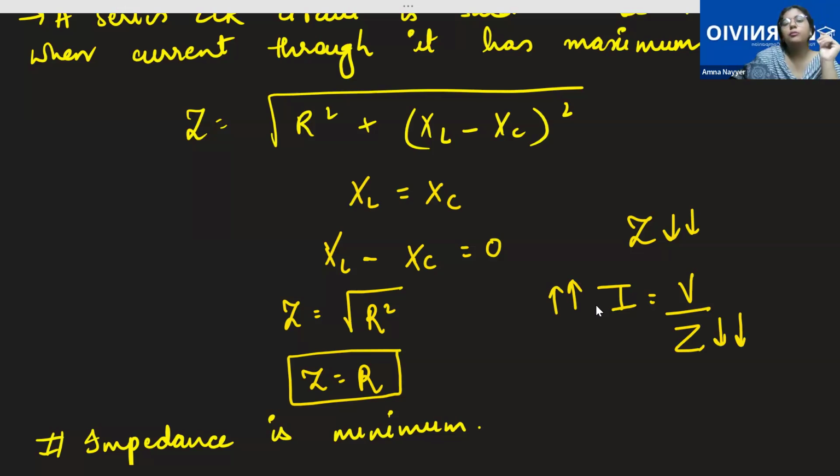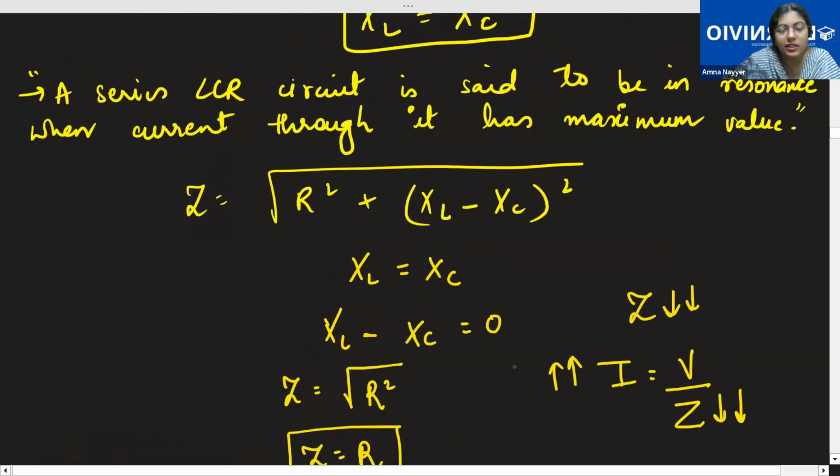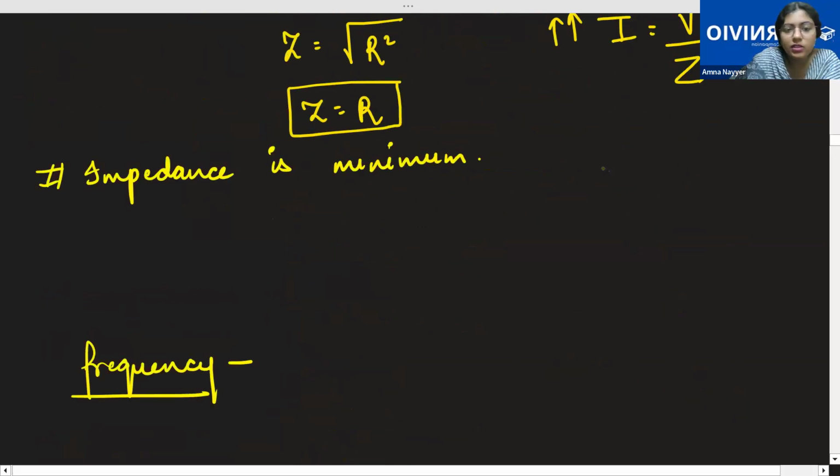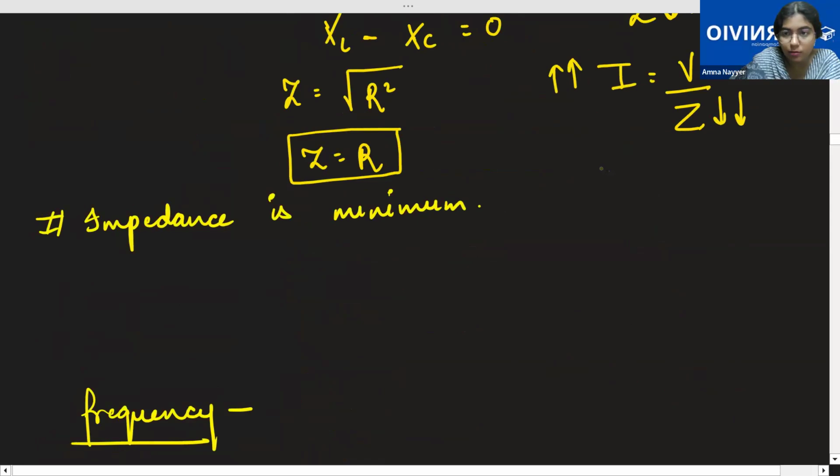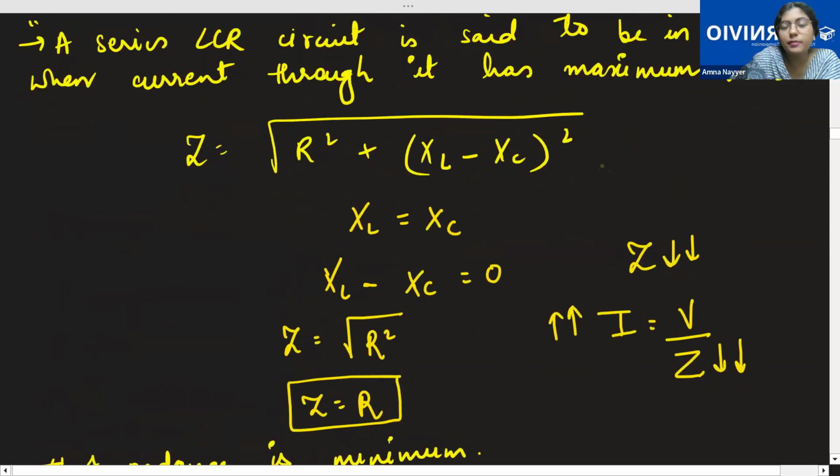So basically resonance is a condition when the current in the circuit is maximum. A series LCR circuit is said to be in resonance when the current through it has a maximum value. So impedance in this case will be minimum. This is what is meant by resonance.